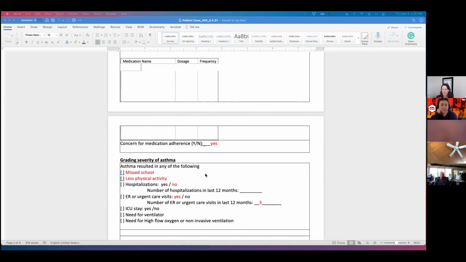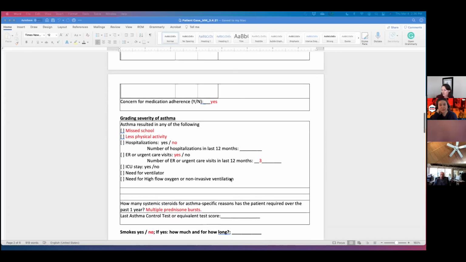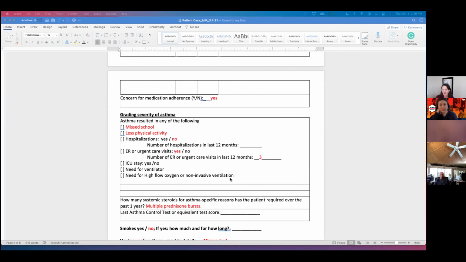I put yes for ER and urgent care visits, but these had really been done a little bit informally by this family friend who was a physician, and she had been prescribed prednisone in that setting. Part of that real world doesn't always read the textbook of how things should ideally go.